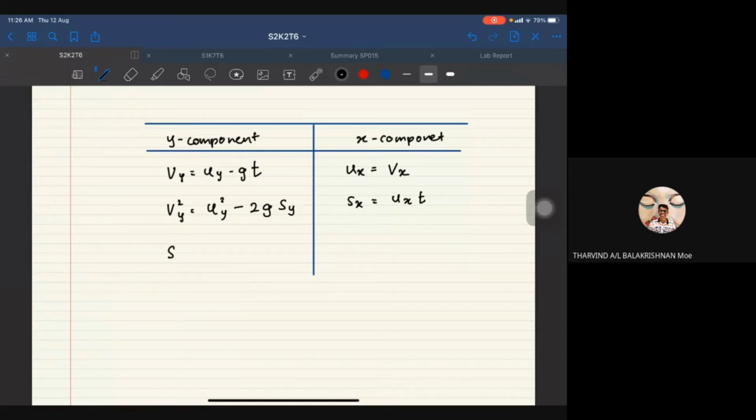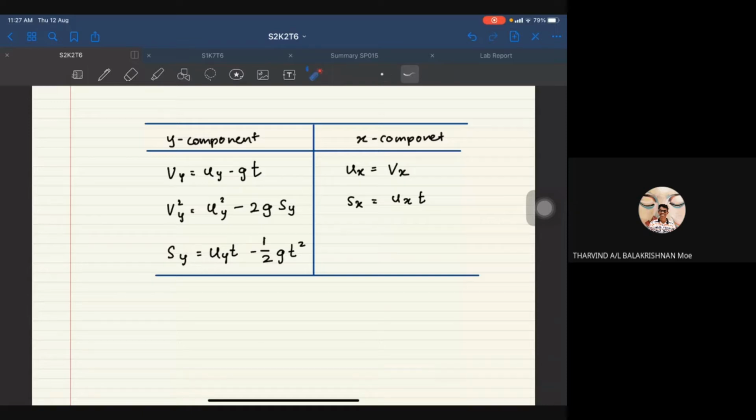And then the last one will be SY equals to UYT minus half GT square. Okay, so this formula will not be given in exam. Dia tak kasih yang format macam ni lah. So dia akan kasih yang three formula yang asas tu.